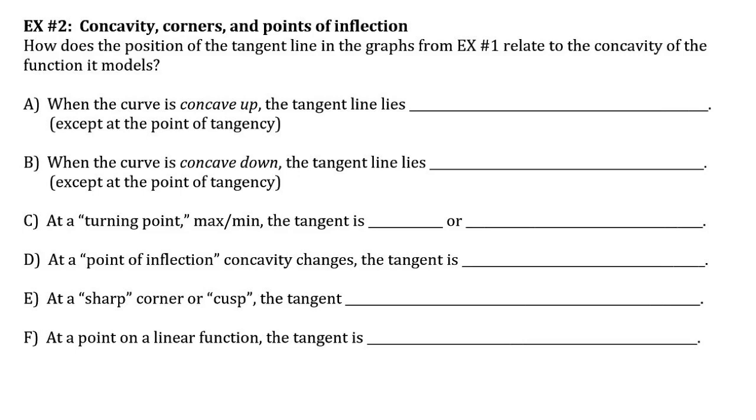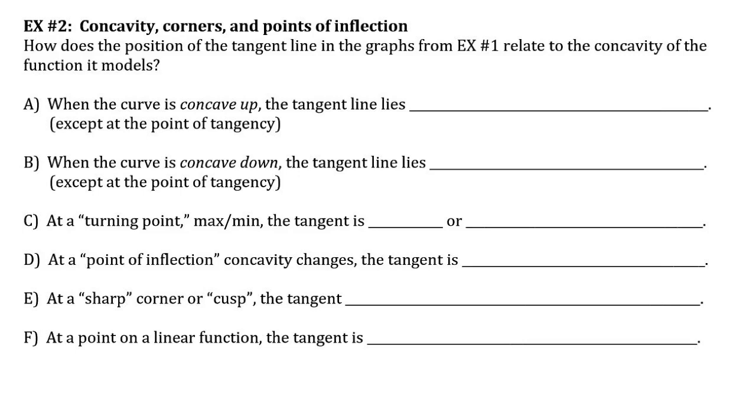Okay, now we need to answer some questions here, and you can look back at your examples if you need to. How does the position of the tangent line in the graphs of example 1 and example 3 relate to the concavity of the function?